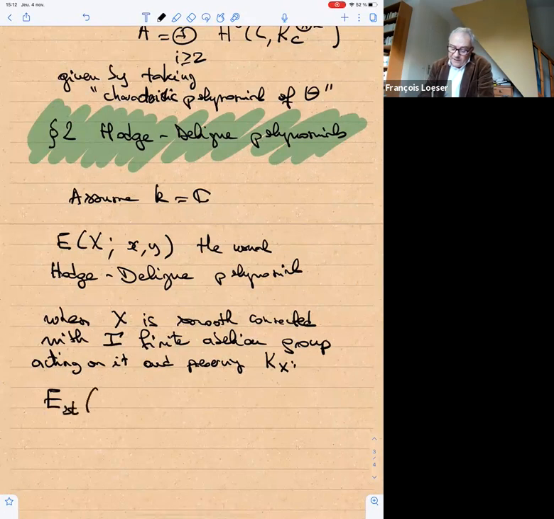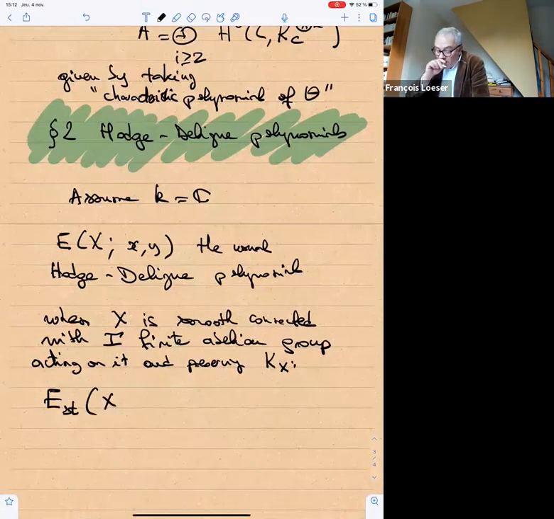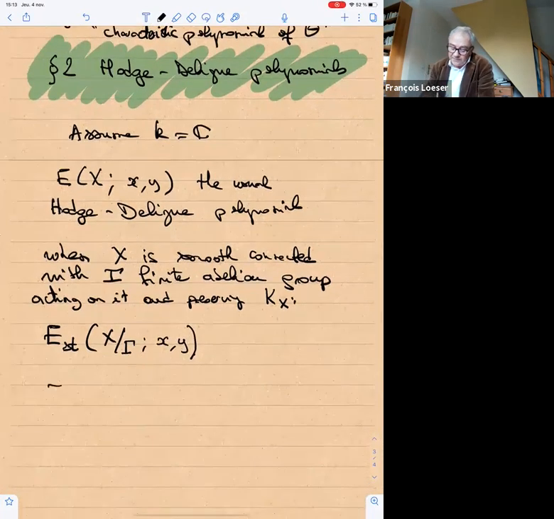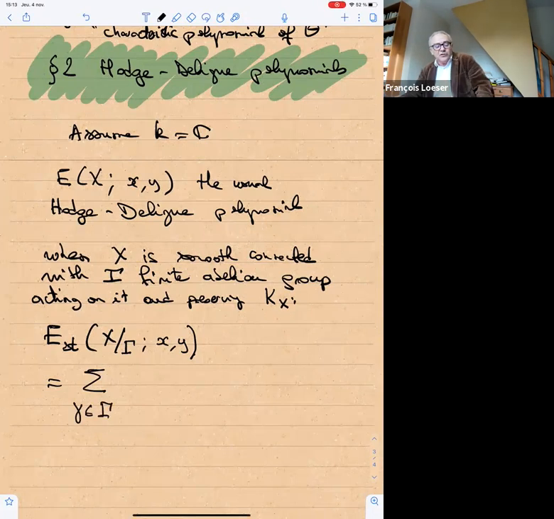In fact, they are defined even if the group gamma acting on X is not abelian, but I will only need the abelian case, so I will only give the definition in this case. It's a sum over the elements of the group; in general, it's a sum over the conjugacy classes.